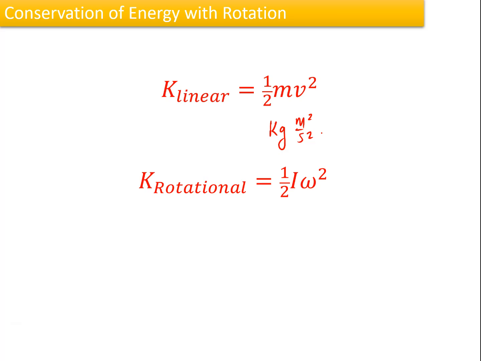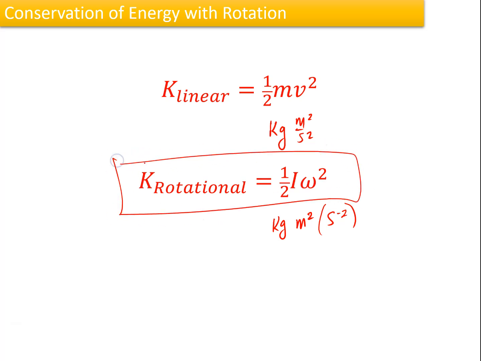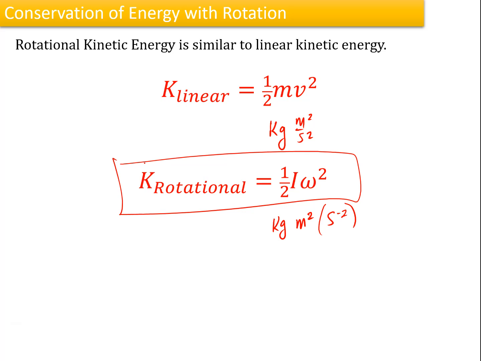Since they're both forms of energy, rotational energy should have the same units. The units of moment of inertia are kilogram meters squared, and the units of omega are per second, squared since it's squared. We get kilogram meters squared per second squared for both, so the units work out. So we have this new form of kinetic energy, rotational kinetic energy.